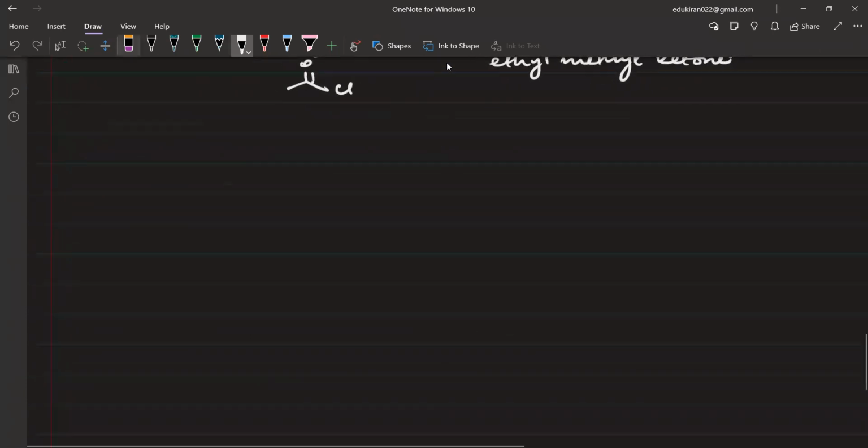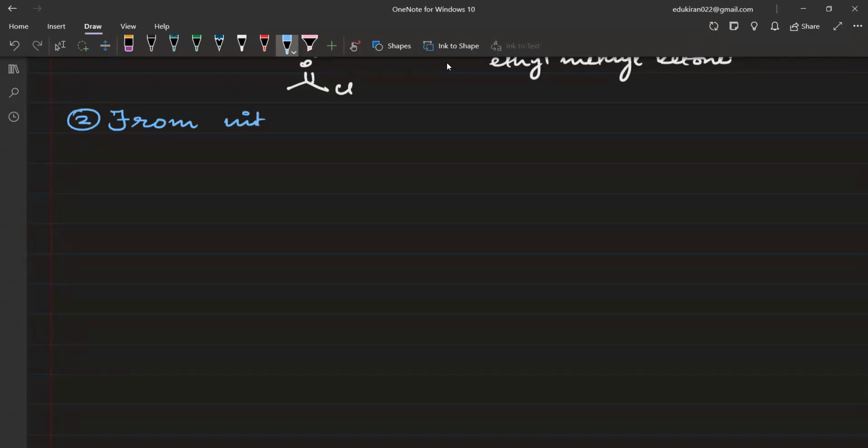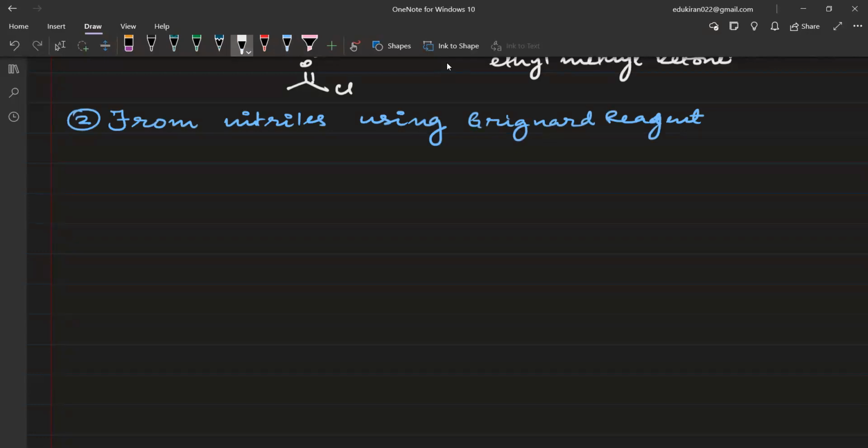From nitriles using Grignard reagent. Now in this case, you have a nitrile. Let us suppose you have like this.